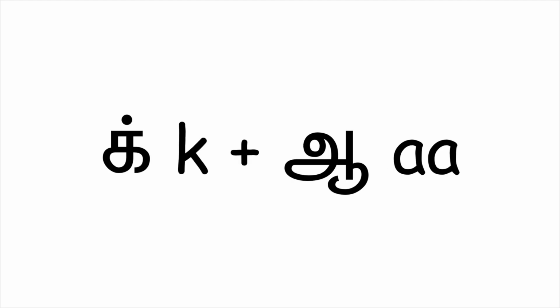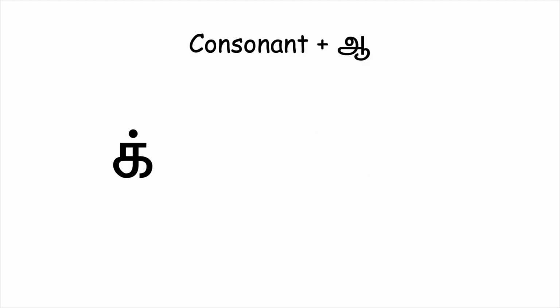This is the letter ka. It's formed from uk plus a. As I covered in my vowels and their patterns video, you can convert a consonant to a consonant plus vowel combination by adding a simple pattern to the consonant.